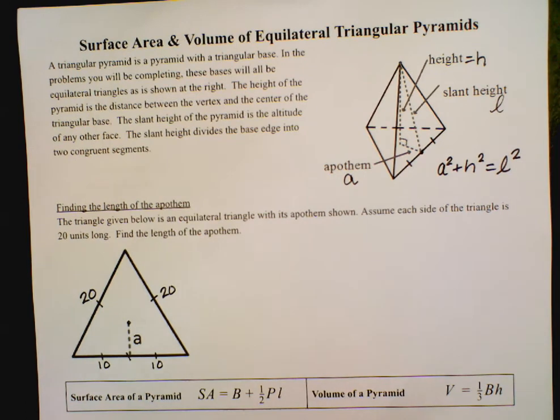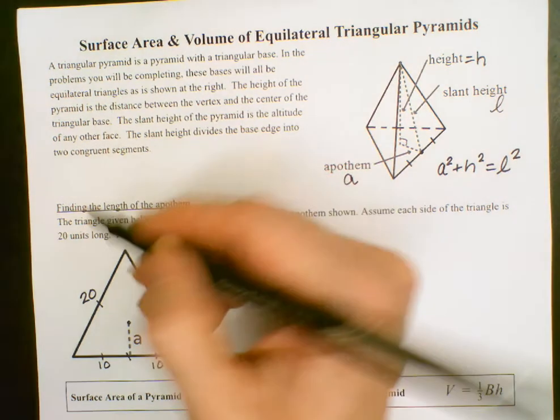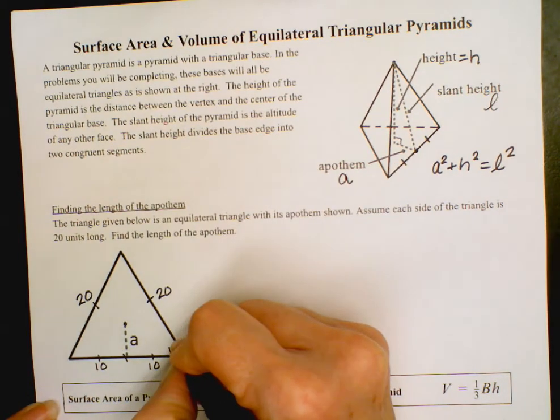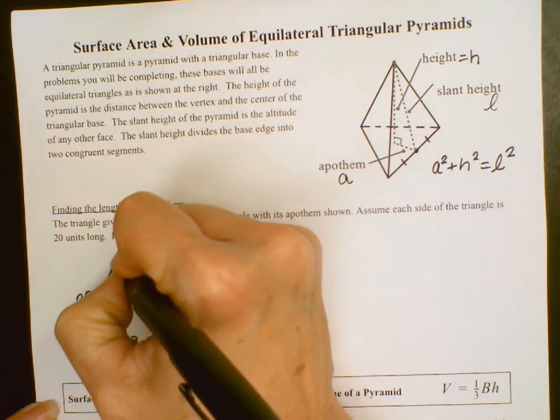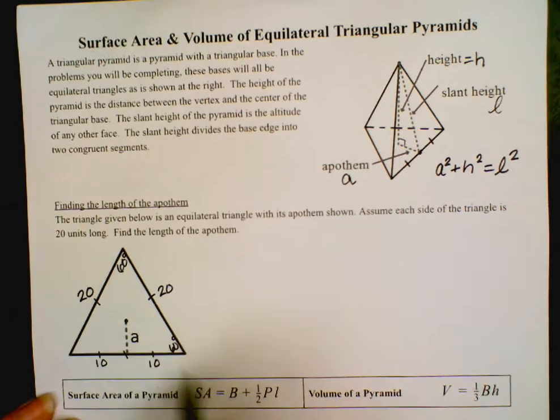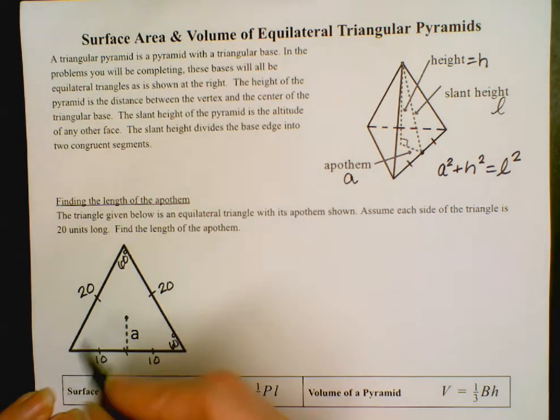Now, in order to find the length of the apothem, we need to revisit some special right triangles. And this is not the first time in this chapter that we've had to do that. With this equilateral triangle, we know that it has three 60-degree angles. Specifically, though, I want to take this third 60-degree angle and look at its angle bisector for a moment.